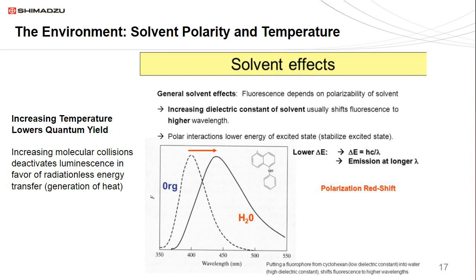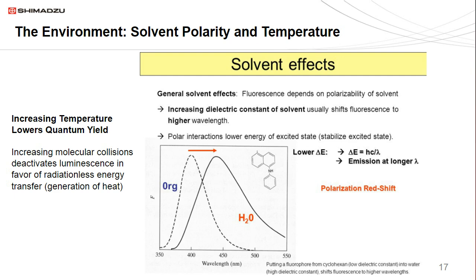If you're doing a quantitative analysis, it is absolutely critical that you carefully control the temperature so that it doesn't fluctuate. When you're running your standards and your unknowns, you want to make sure that the temperature does not change so you don't get variation in the intensity with the solvent temperature.